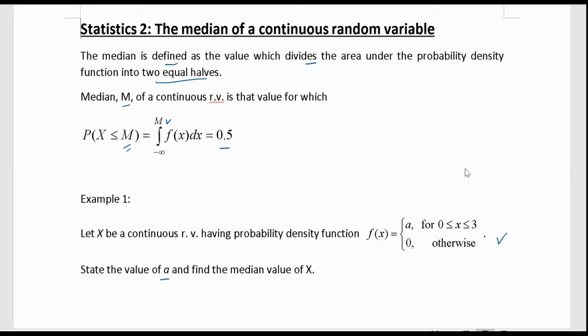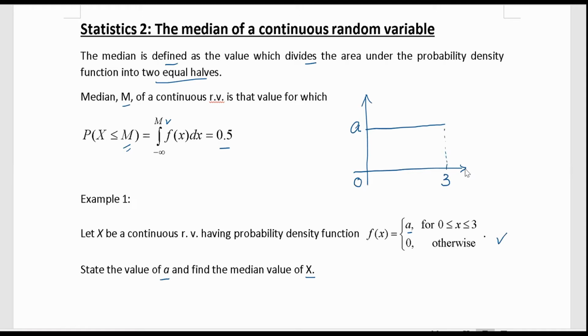State the value of A and find the median of X. As we can see, this PDF given is a simple horizontal line, because the PDF function is a constant A. That means this is the A, and the limit is taken from 0 until 3.